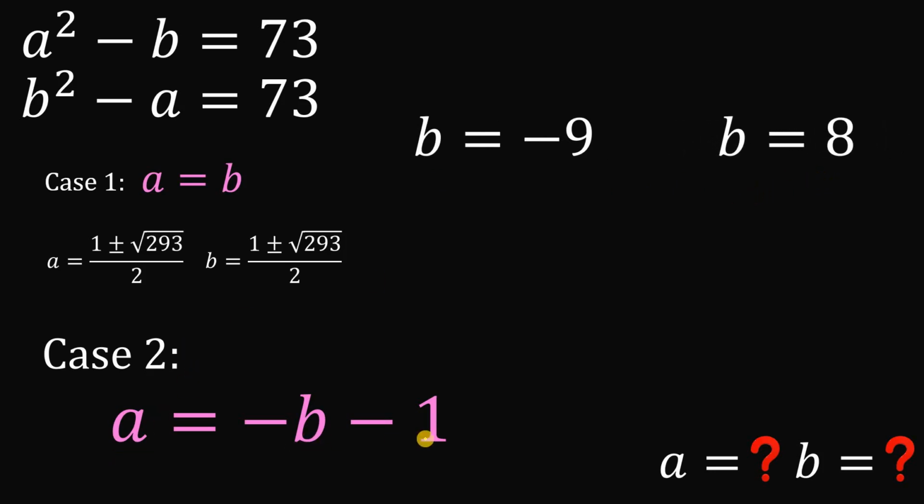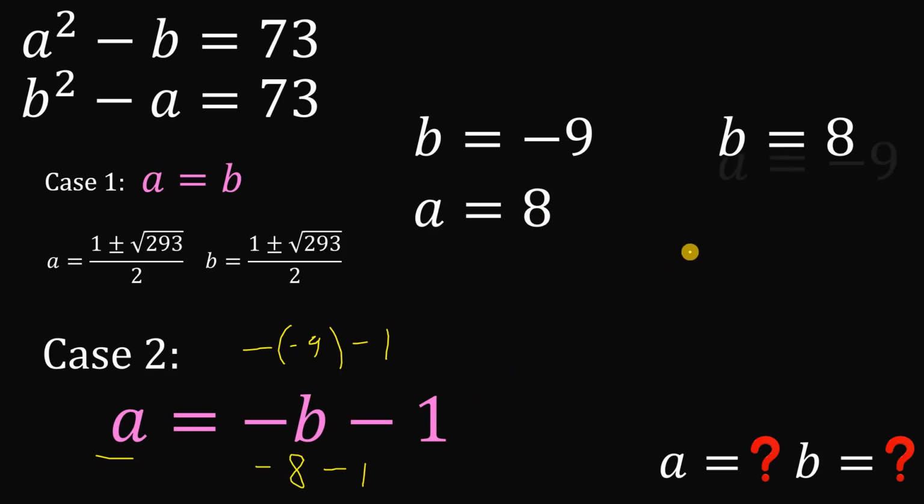Now, since a equals negative b minus 1, if b is negative 9, we have negative of negative 9 minus 1, so we can say that a equals 8. If b is negative 9, a must be equal to 8. And if b is 8, we have negative 8 minus 1, so a must be equal to negative 9. So if b is 8, a equals negative 9.